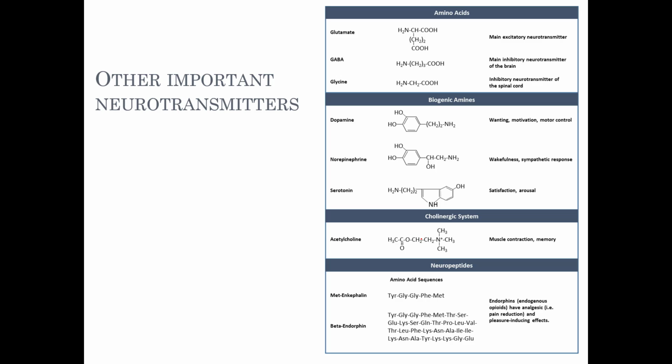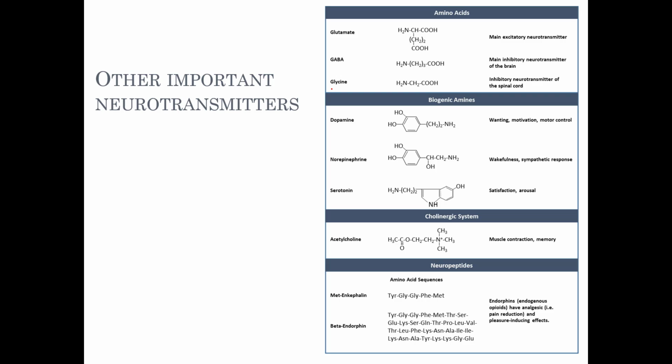These are some other important neurotransmitters. Just make sure that you can recognize a couple of them. There are ones like glutamate, which is the main excitatory neurotransmitter. There's GABA and glycine, which are the inhibitory neurotransmitters in the brain and the spinal cord. Dopamine, of course, is a neurotransmitter that's involved in motivation.